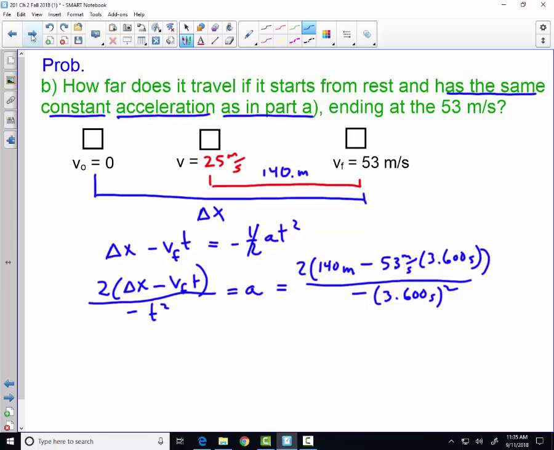Okay, so let's find our acceleration first. On the top, I get 140 minus 53 times 3.6, and then I multiply that by 2. And I'm going to divide that by a negative 3.6 squared.